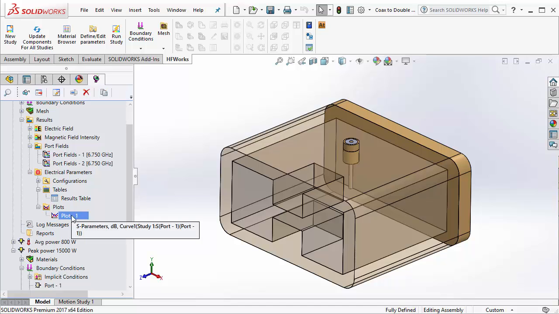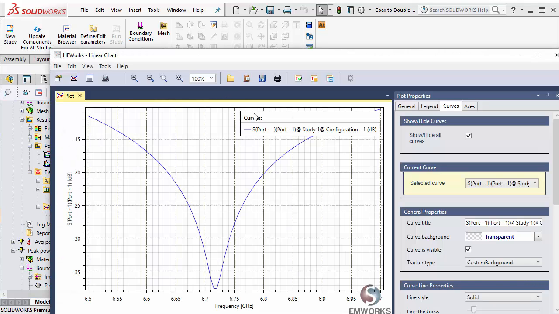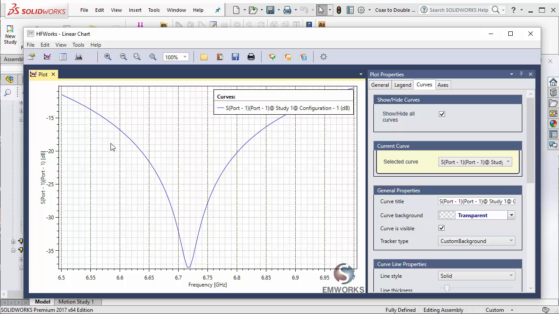I already created that. We can look at a linear chart of the S parameter value in decibels versus the frequency. As you see here, the best operating frequency is about 6.72 gigahertz, and that's the frequency at which we will be doing the worst case scenario, or the peak power condition.